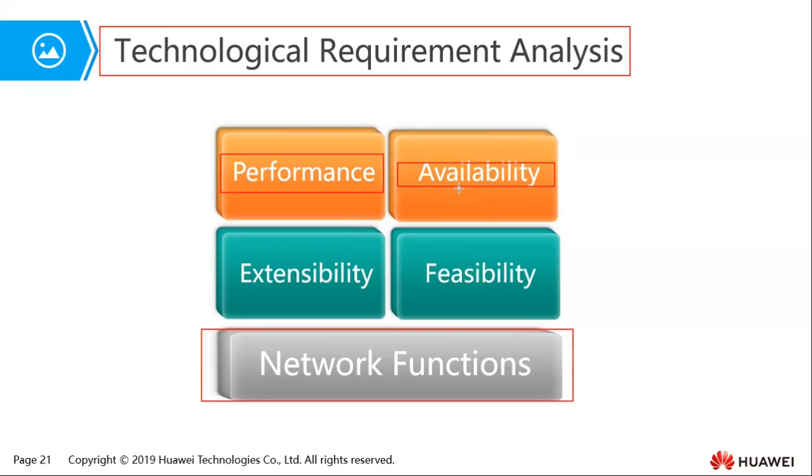One of the components closely related to availability is what we call recoverability. So how fast can your network recover from failure? Most of the time, to ensure availability, of course, we implement redundancy.